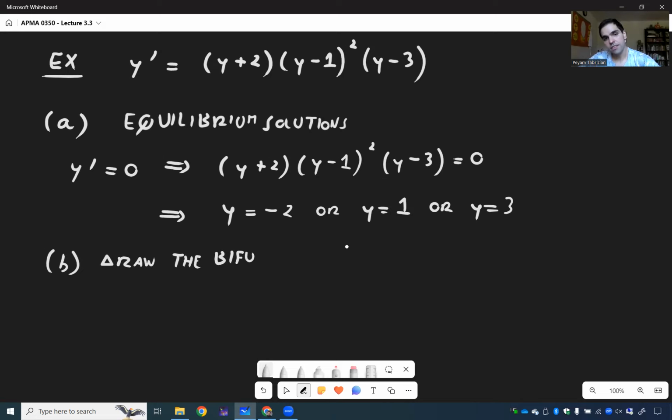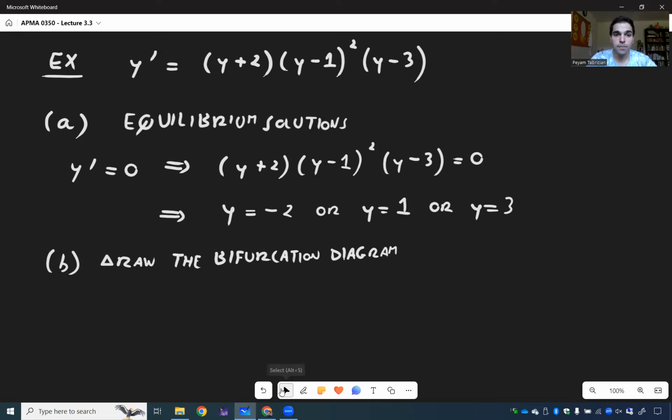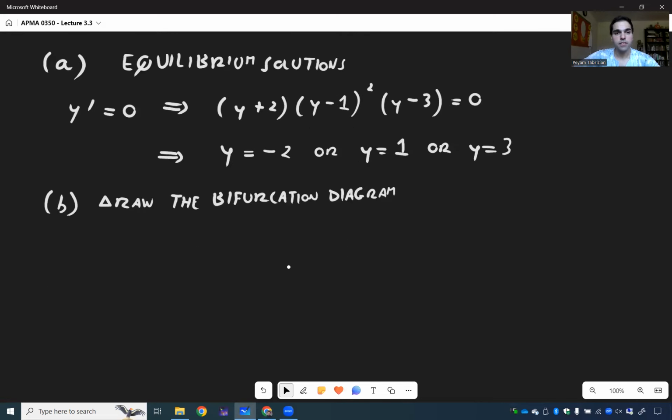Bifurcation diagram. Meaning, once again, that's a table with signs. So what you do is you put y and all the components. So y plus 2, y minus 1 squared, y minus 3.